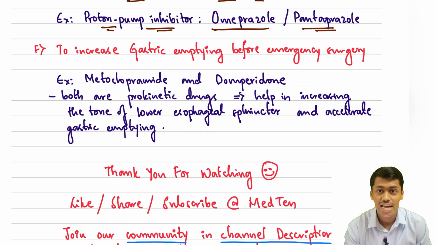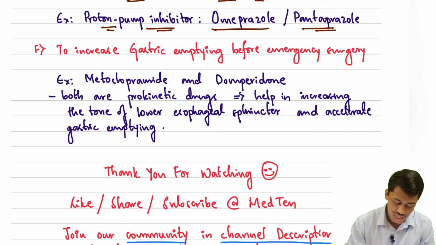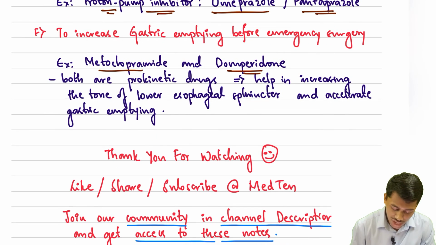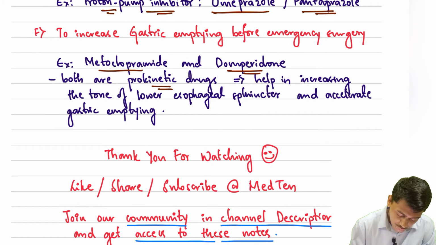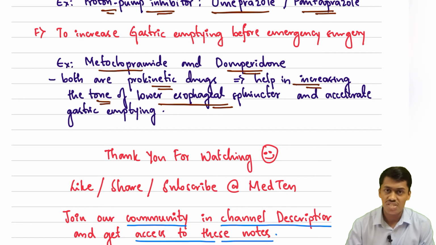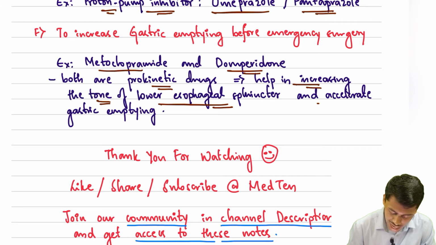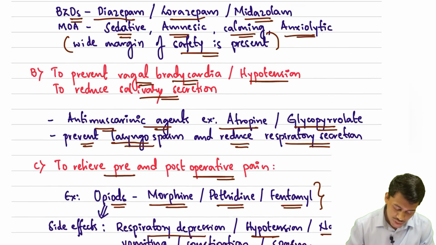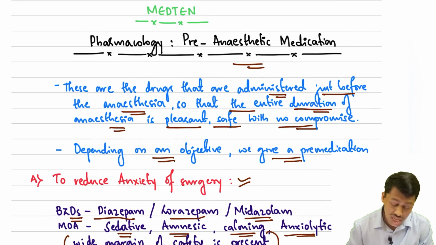So we use metoclopramide as well as domperidone. Both are prokinetic drugs and they increase the tone of the lower esophageal sphincter and accelerate gastric emptying. These are the set of pre-medications that we use before the anesthesia.